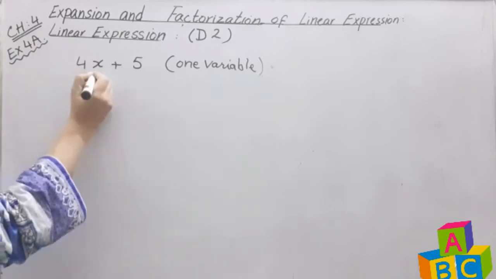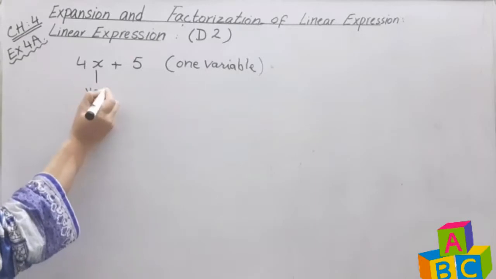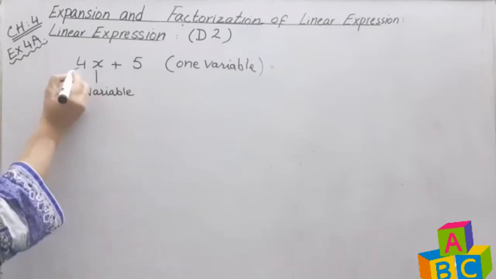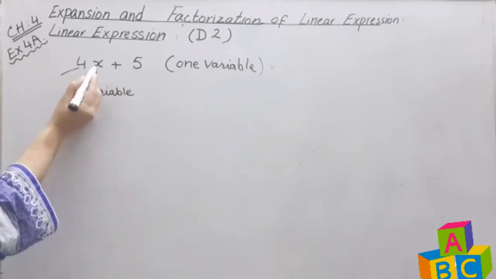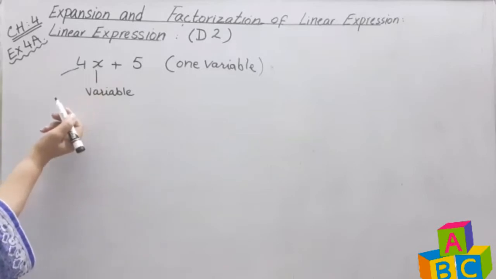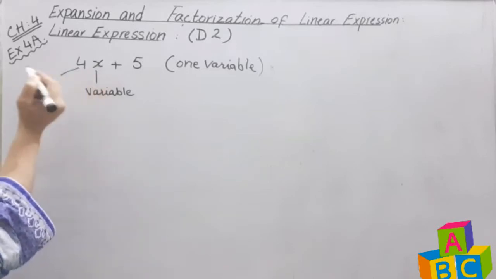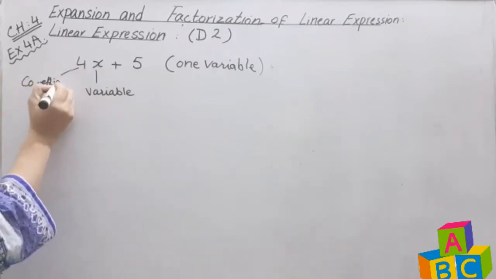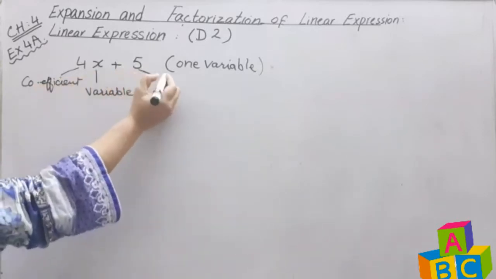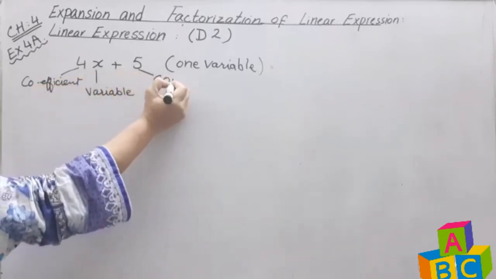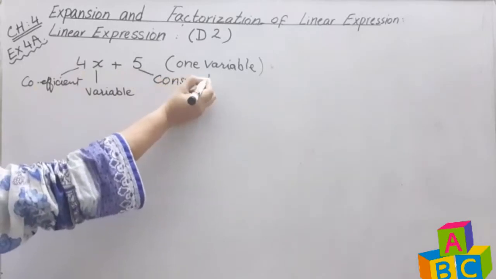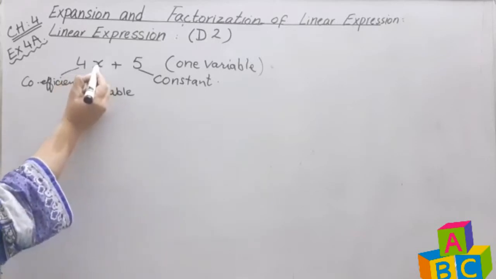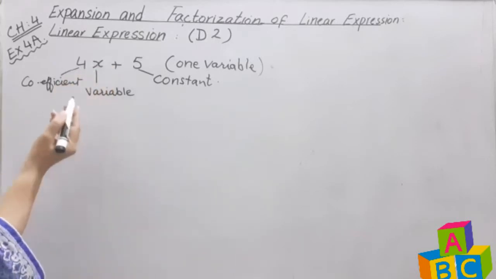Just as a reminder, any unknown is a variable. Whatever digit or other variable is multiplied with the variable is called the coefficient, and when there is no variable, it is called a constant. A linear expression means the power of x is always 1 if one variable is involved.